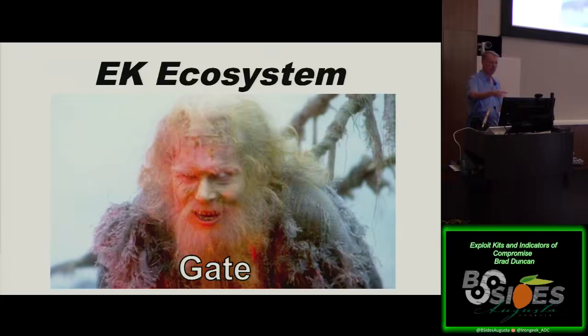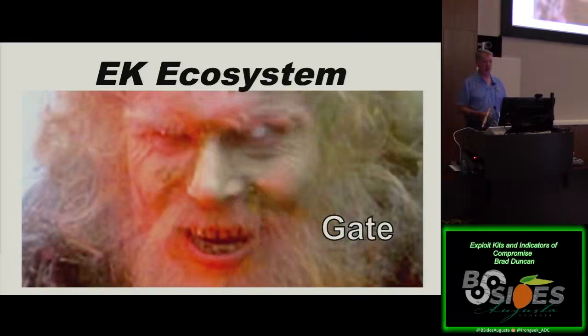That gate will throw me over the bridge if I'm not a German IP. But if I am an IP that's acceptable, I am one step closer to getting past the gate.